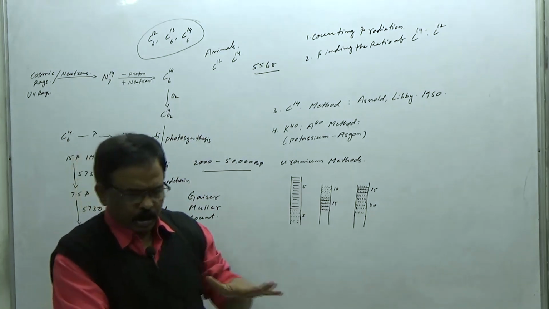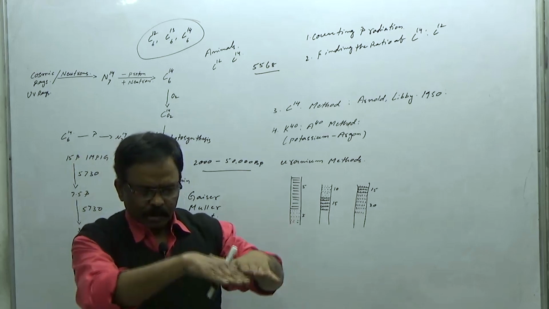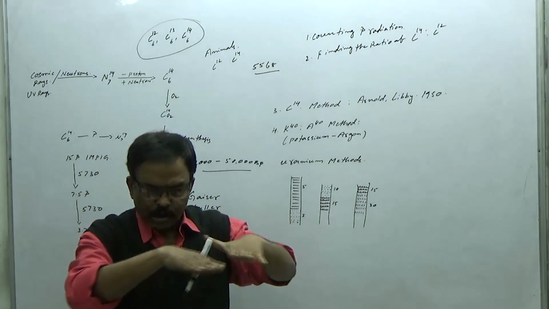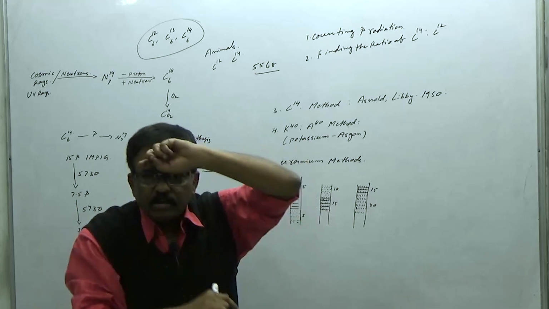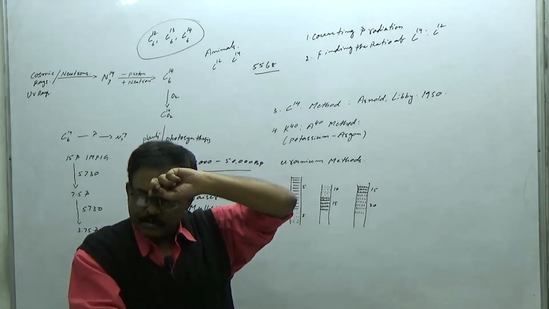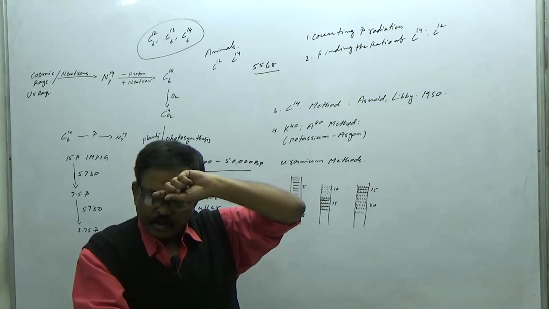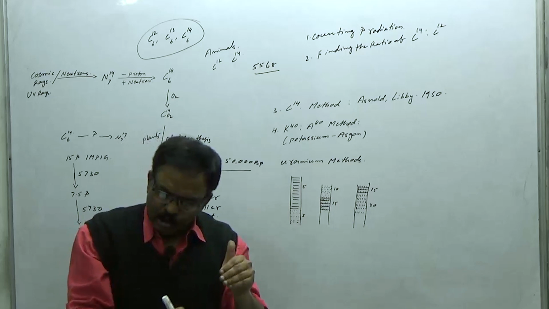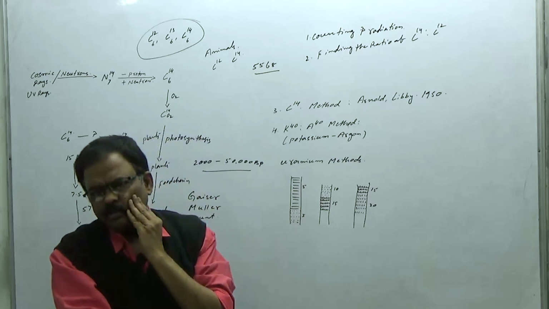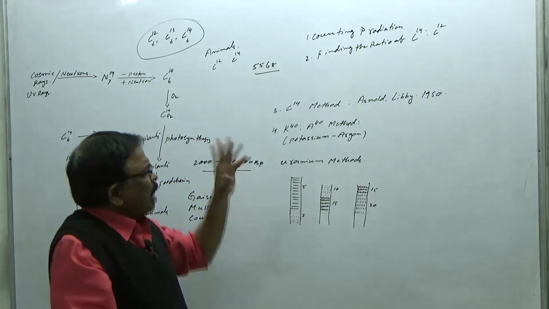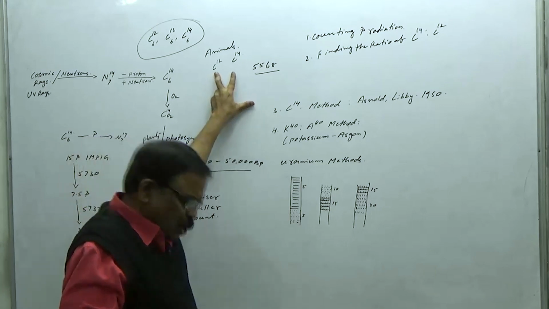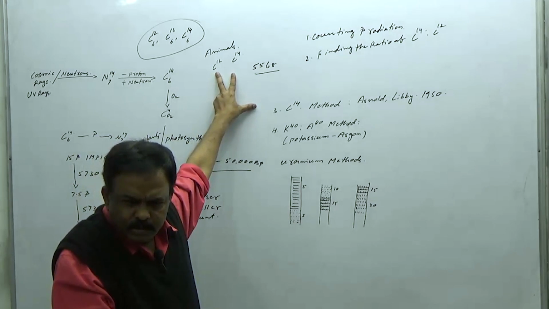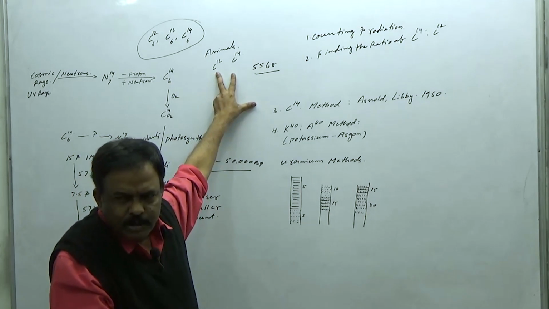If a person, animal or plant is living, then the ratio of these two is equal to the atmospheric percentage. Then gradually C14 reduces and C12 increases. On the basis of the ratio of these two, technicians analyze the age of the fossil.